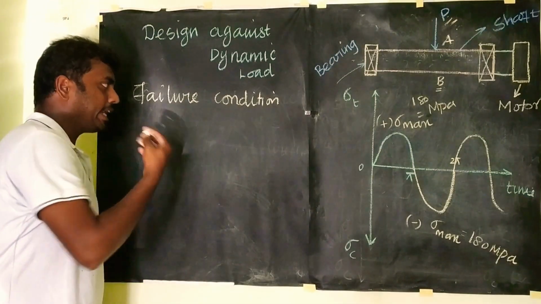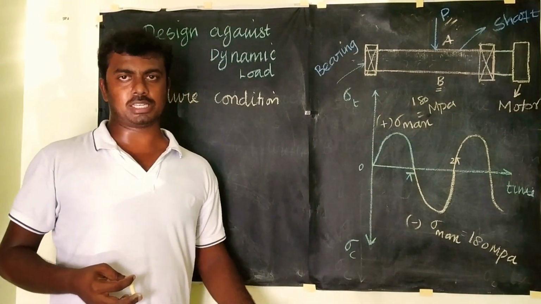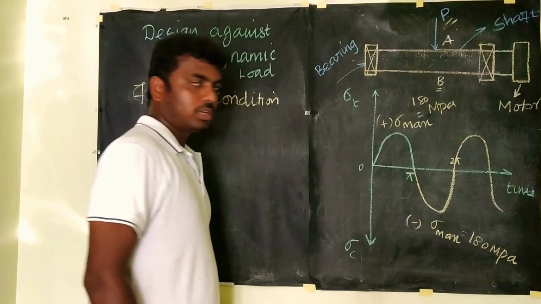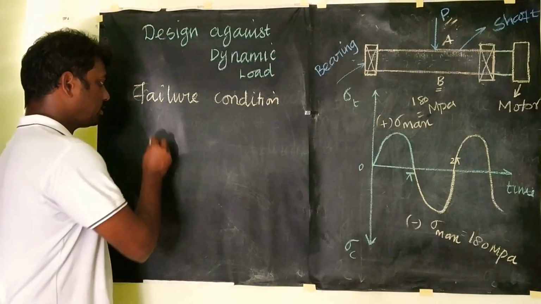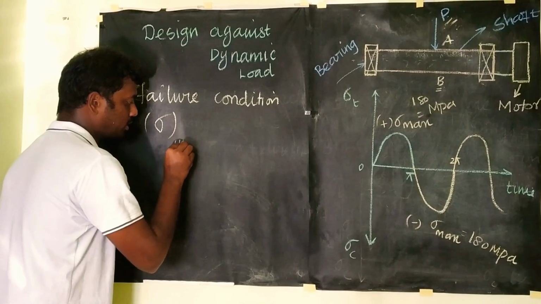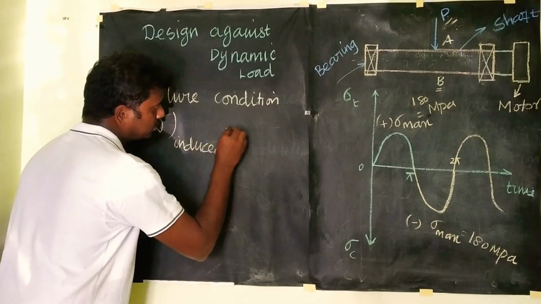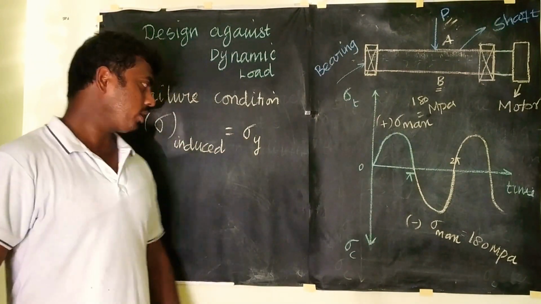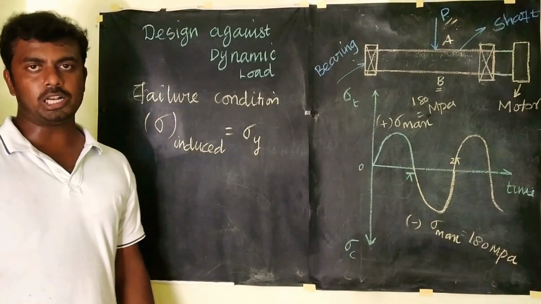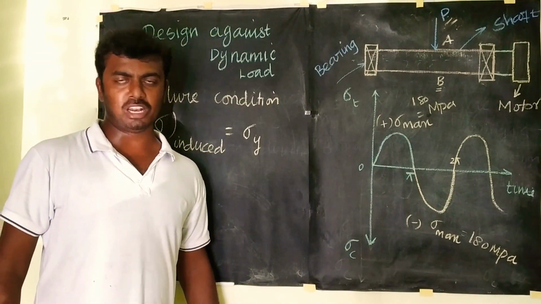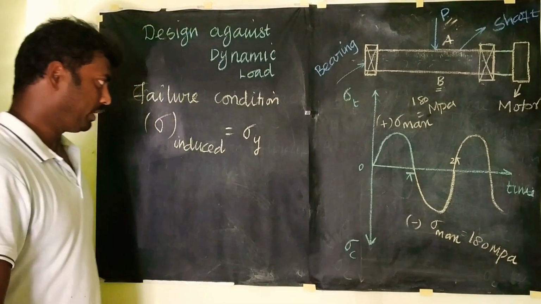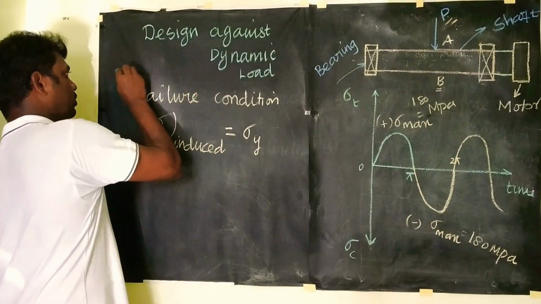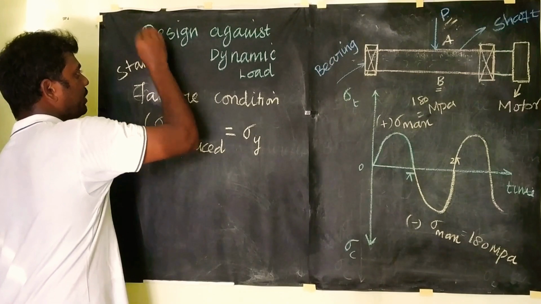When the static load gives a certain amount of stress, in static loading this transverse load gives certain stresses, and when the induced stress reaches the yield stress of the material in case of ductile material, or reaches the ultimate stress of the material in case of brittle material, under this condition only failure occurs. In static loading, this is the failure criterion.